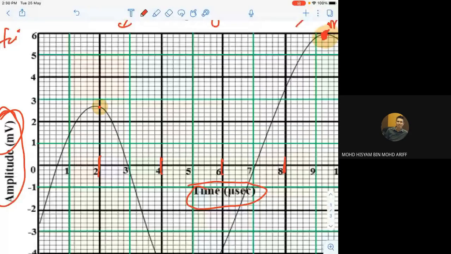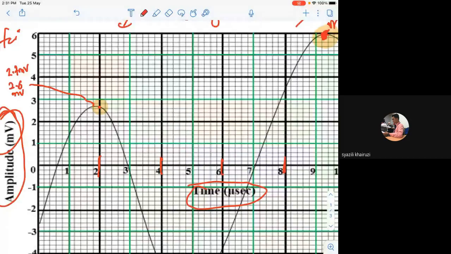Is it 2.6? Some of you said, sir, is it 2.6 millivolt? Correct or not? Some of you said, sir, no, it's 2.7. Correct or not? Turn on your microphone. Don't just say yes, sir, I can't hear you.